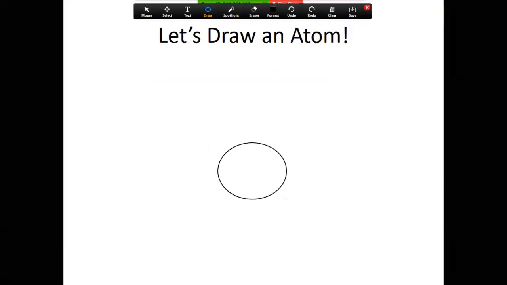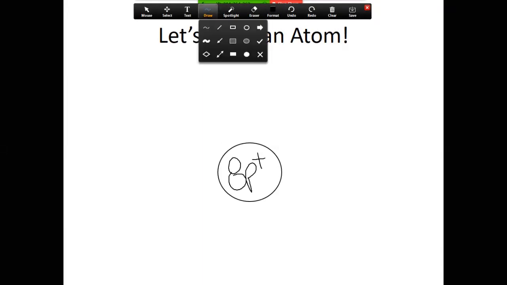We're going to draw a nucleus here, and I'm going to put in that nucleus 8 protons. And there also would be 8 neutrons in there, but I don't really care about the neutrons, okay? The next thing that I need to do is put my electrons in.